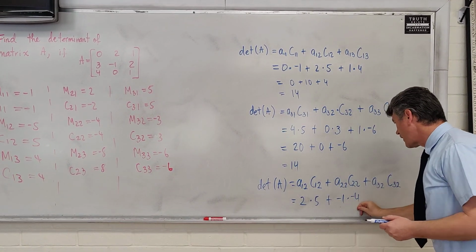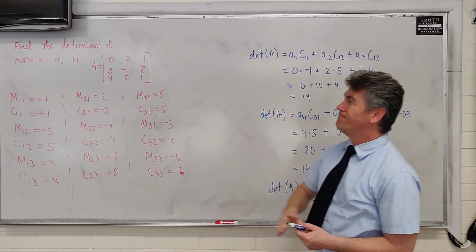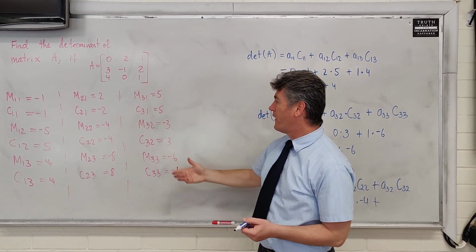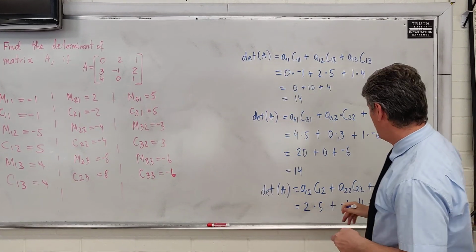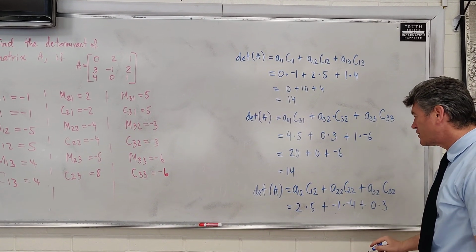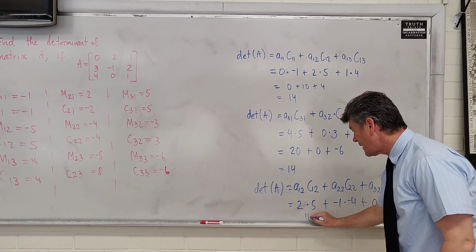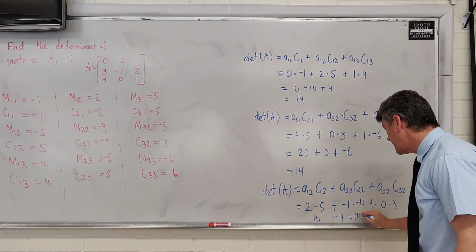So -1 times -4, plus 0. Do I even need to find its cofactor? No. So plus 0 times 3. Once more, what do we get? 10 plus 4, which is 14.